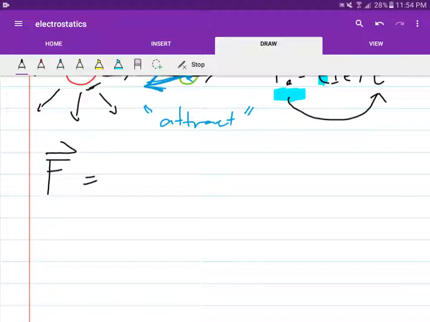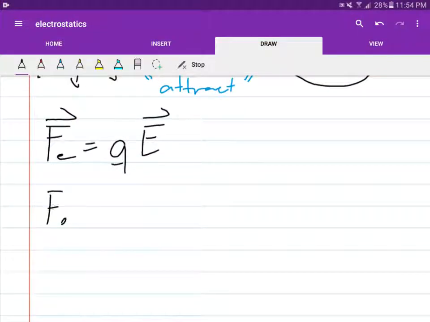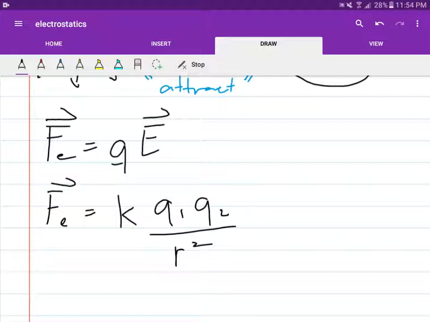Fe equals Q, the charge of the test charge, times E. Coulomb's law can also be written as Fe equals K Q1 Q2 over R squared. Sorry, this should be magnitude. So this is still the same equation.